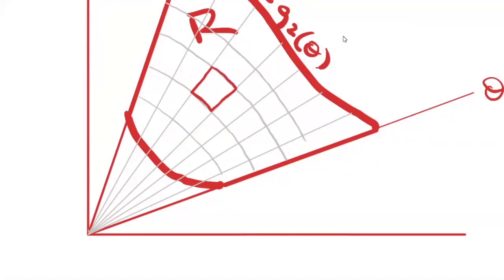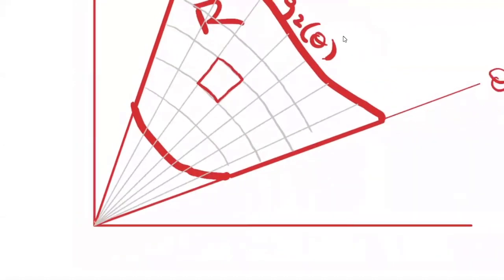Now I'm going to have an angle that defines this. Remember, the two coordinates are r and theta, so the differentials will be dr and d theta. I can measure an angle here, and I'll call this angle d theta.